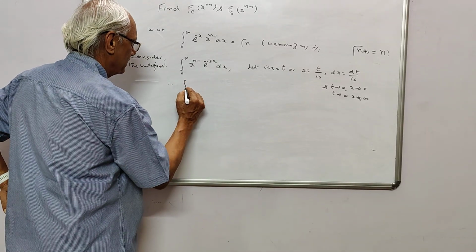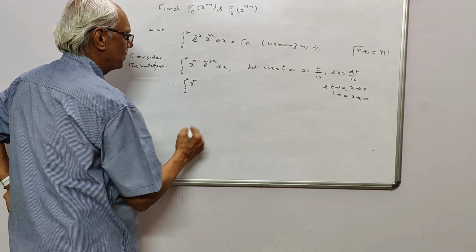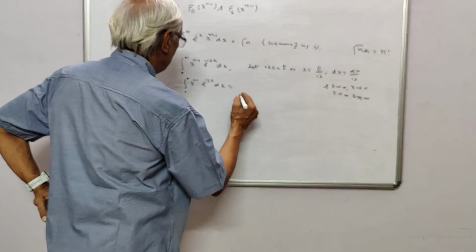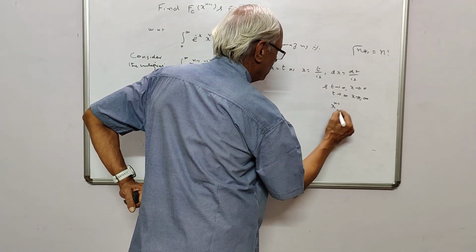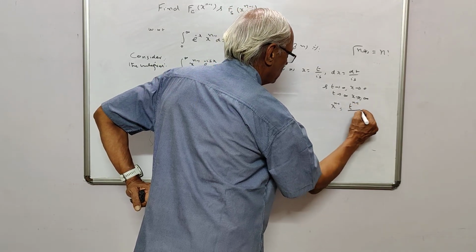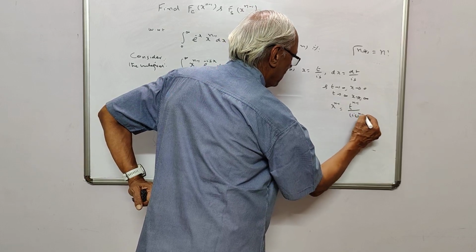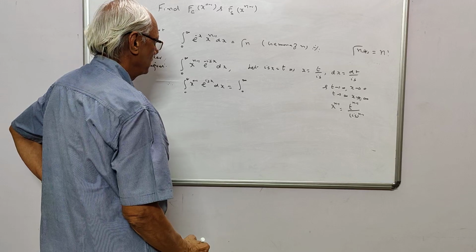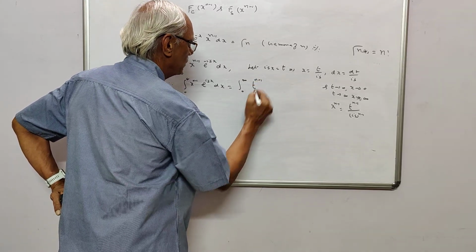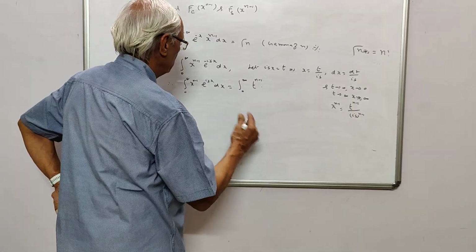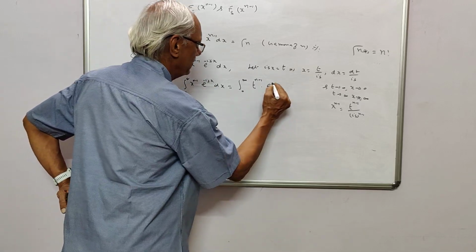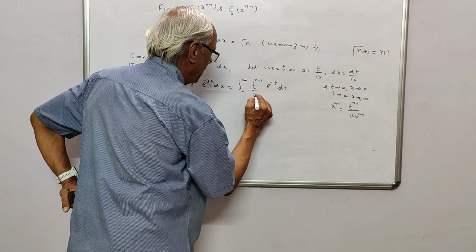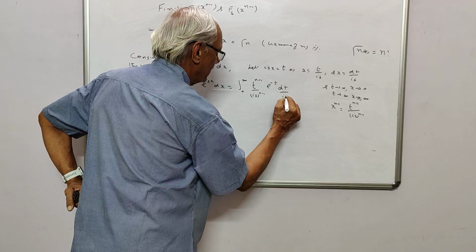Therefore the integral from 0 to infinity of x to the power of n minus 1 e to the power of isx dx is equal to the integral from 0 to infinity of t to the power of n minus 1 divided by (is) to the power of n minus 1, into e to the power of minus t, into dt divided by is.